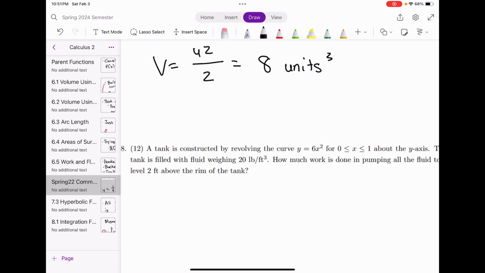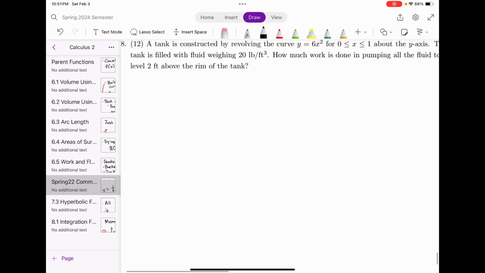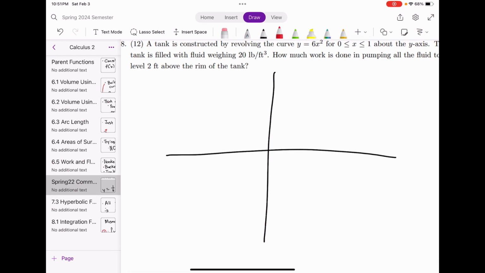A tank is constructed by revolving the curve y equals 6x squared for 0 less than x less than 1 about the y-axis. So really quickly, if we draw a graph, it's going to look something like that. About the y-axis, I'm going to take yellow and draw around the y-axis.